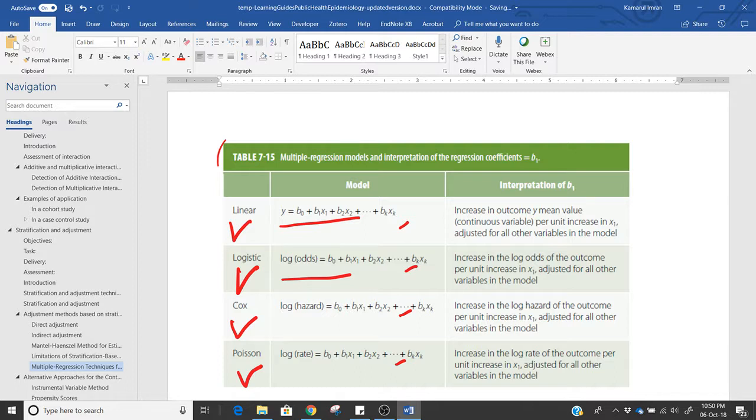Of course, what you are doing in these models is to estimate the regression parameters, one of the objectives. So what does this parameter beta mean? Log odds, log hazard, log rate.